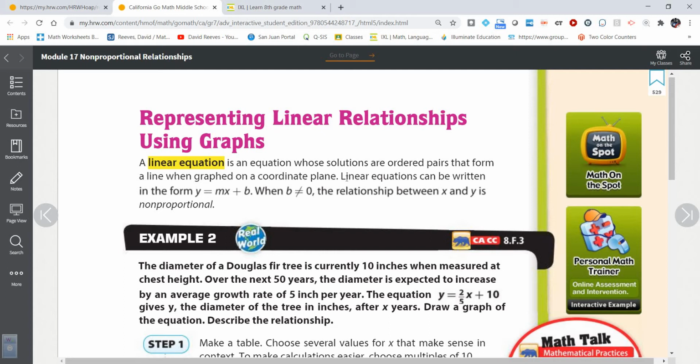Linear equations can be written in the form y equals mx plus b. When b is not equal to 0, the relationship between x and y is non-proportional. When b is equal to 0, then it is proportional.